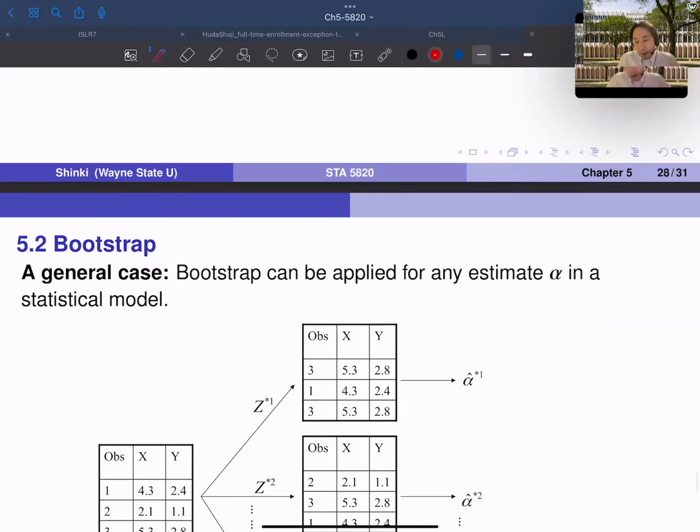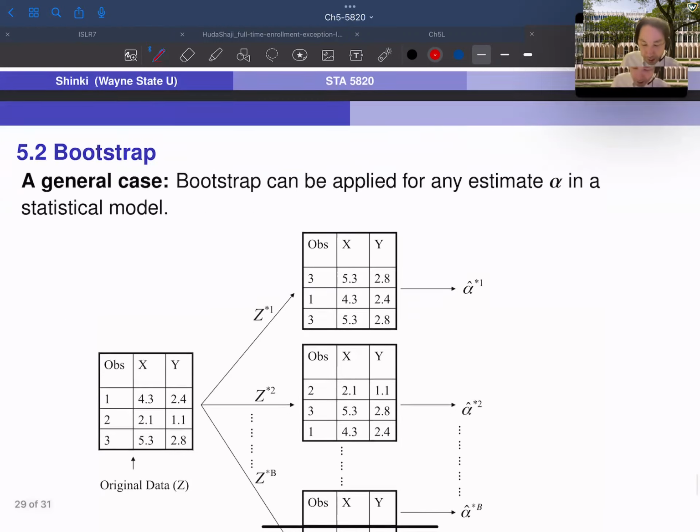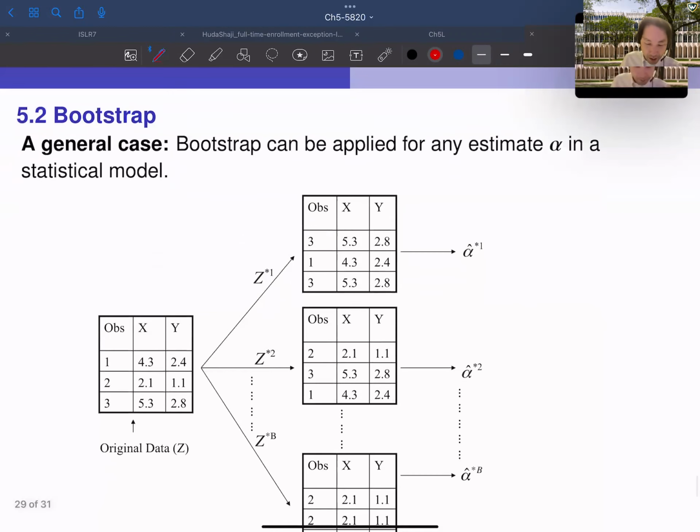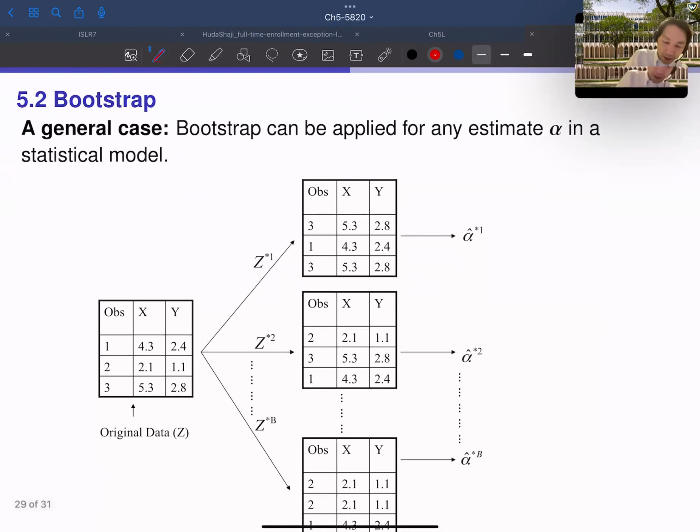So we have just had one example about bootstrapping to estimate the standard deviation of X bar, but now let's think about a little more complicated case. This is an estimation problem. We want to estimate y equals alpha plus beta x.